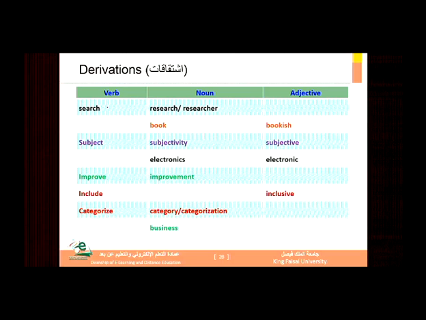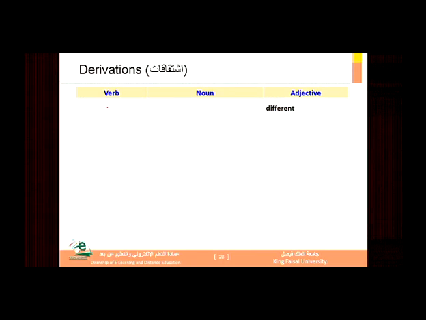The word business comes from the word busy that we use as an adjective. Again, the word different, which is already an adjective, we can get the word difference from it, which is a noun. Different, مختلف, difference اختلاف, while the verb is differ يختلف.